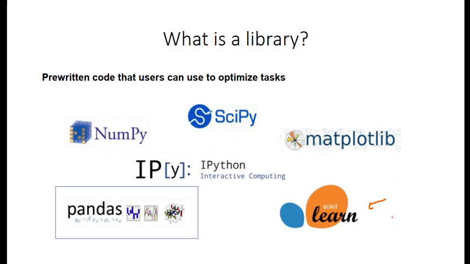Now, the reason using libraries in your project is important is because so many functions, so many functionalities are very hard to hard code yourself because they simply require subject matter knowledge in certain cases. So, for example, the NumPy library contains some heavy mathematical functions that were written by mathematicians in this case, right?